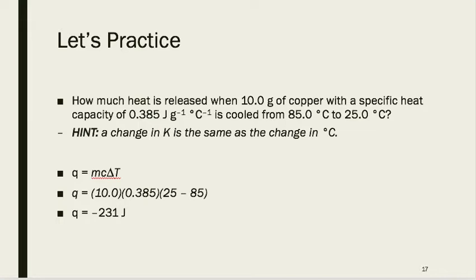And then since the question is how much heat, that means we're looking for Q. So we're going to do Q equals mc delta T. We plug in what we know, and we can see that Q equals negative 231 joules.